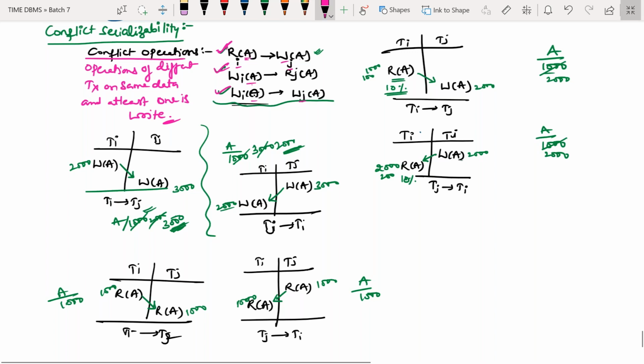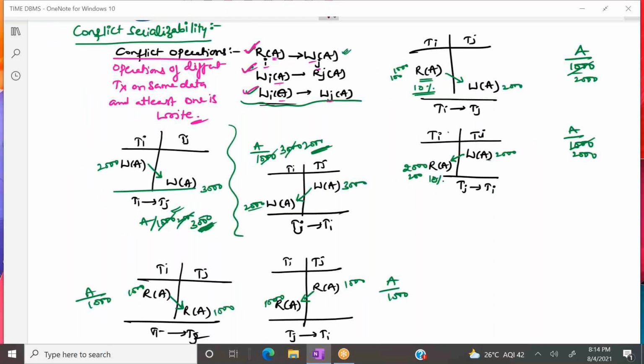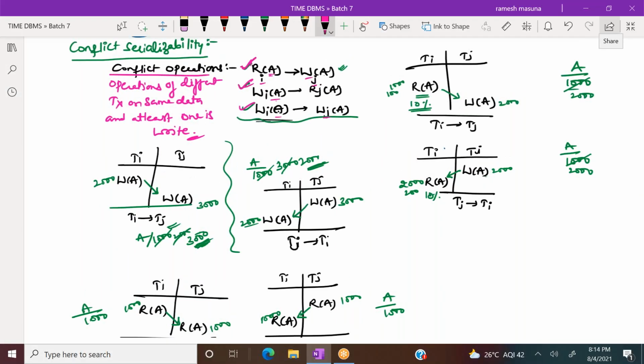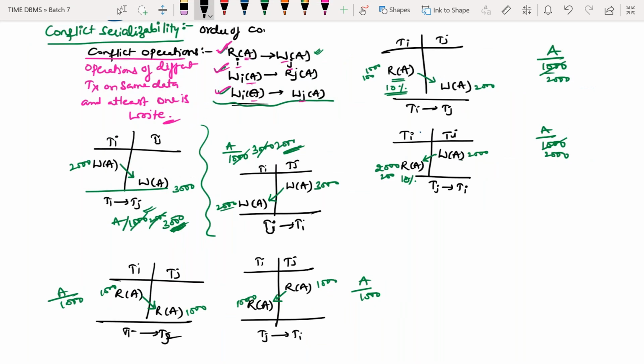Based on the conflict operations, we can identify the serializability of a concurrent schedule. How can I verify? In conflict serializability, what is required is that the order of conflict operations in the concurrent schedule is the same as in some serial schedule.